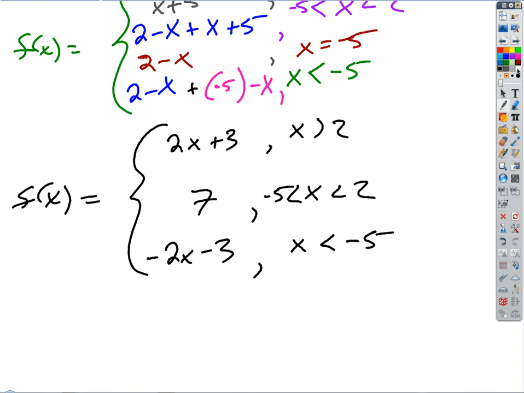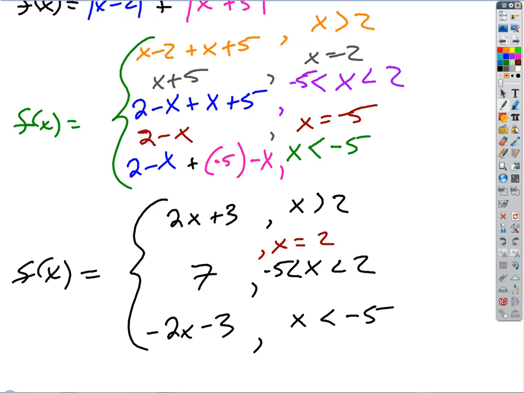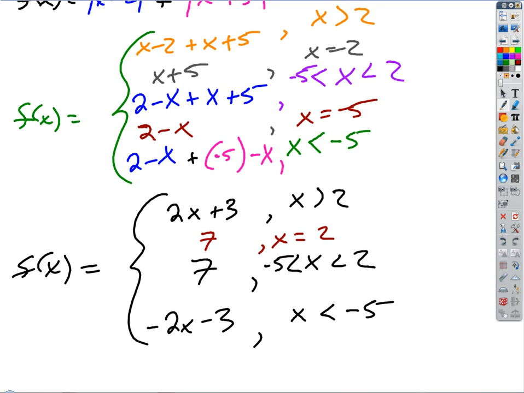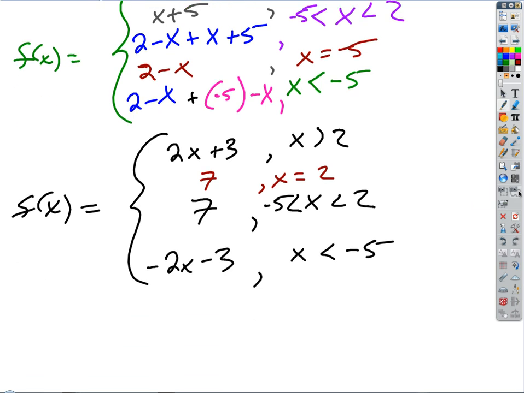And the in-between values, when x equals 2, we get 7, right? And when x equals -5, we get 7, right? Okay, make sense?